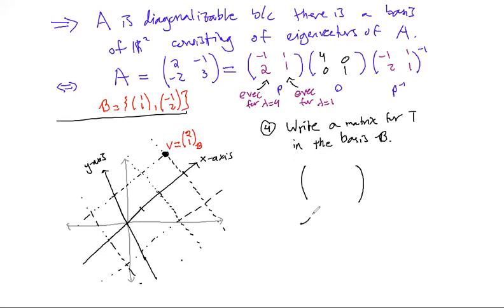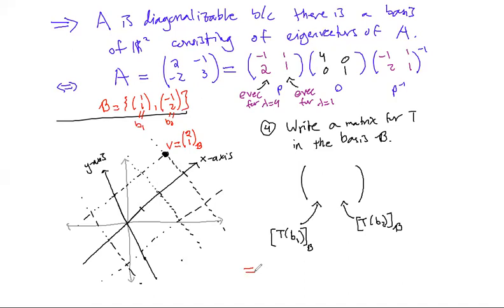For this first column, we're writing it in the basis B, so we should look at T of B1, and then write that again in the basis B. Likewise, this should be T of B2, written in the B coordinates. So it's similar to what we've done before. And now we can just compute this.